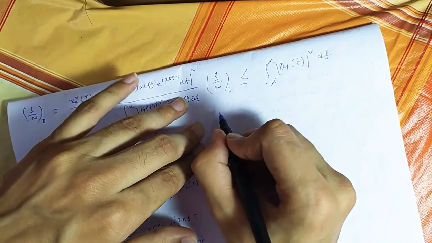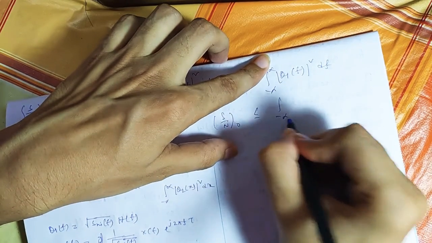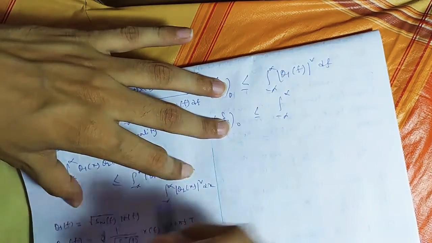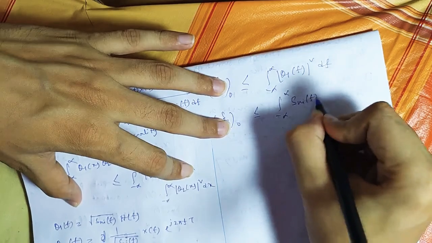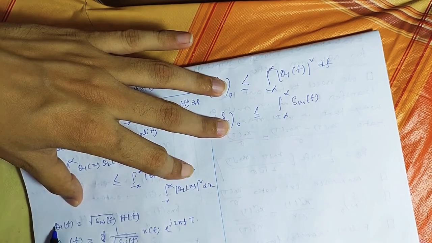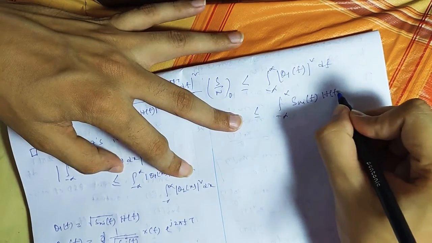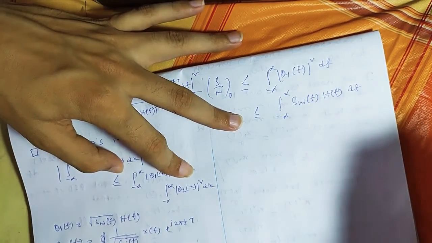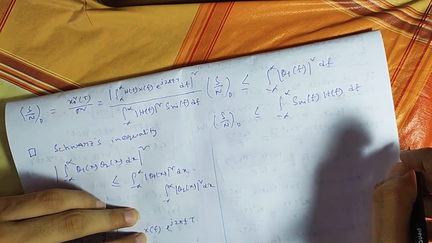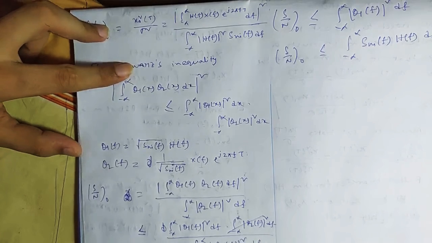Or we can write S/N at output less than or equal to the integral from minus infinity to infinity of theta 1(f). We already know that it is S_ni(f), so the absolute value square will be this one into H(f) df. Sorry, I made a mistake here.